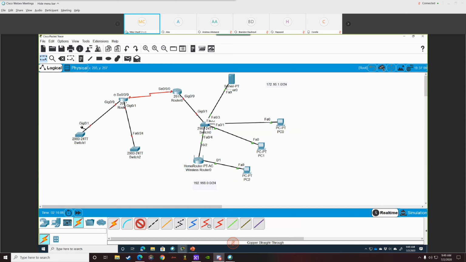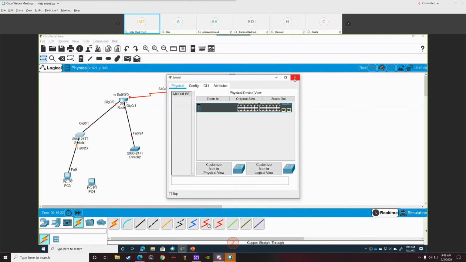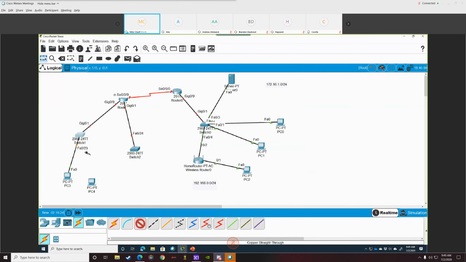So what you can say is, I want to write an access list to block any traffic coming from a specific host or a specific network. Let's say this is Zach's over here, and this is my FTP server here, or whatever.